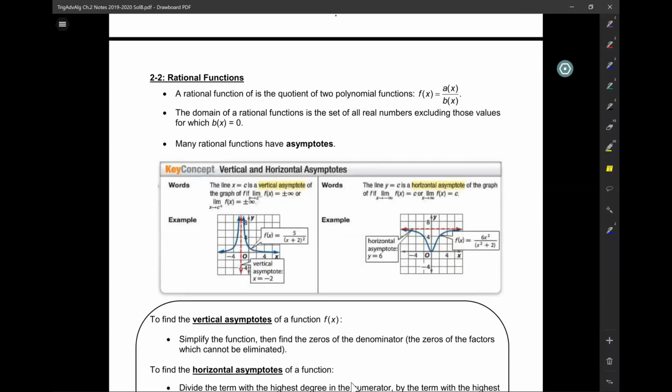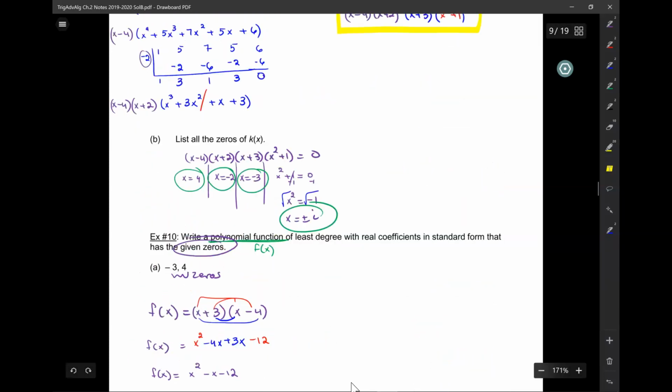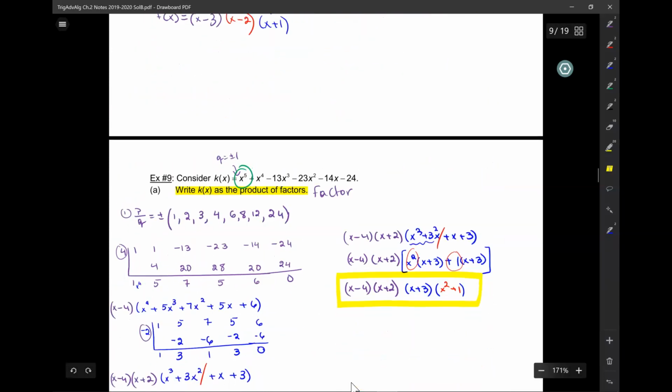So far we have had what we call polynomial functions, which look like this. F of x or k of x is equal to a polynomial function. We talked about what that was. Now, imagine if you take a polynomial function divided by another polynomial function.